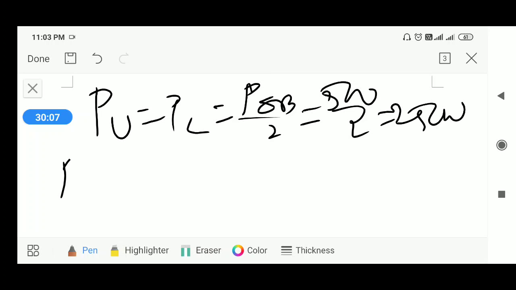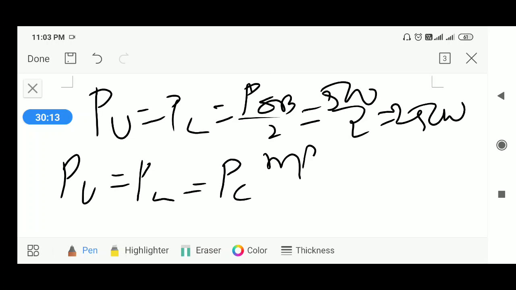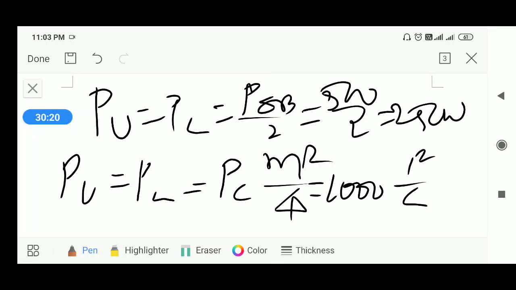Or power in upper sideband is equal to power in lower sideband, the direct formula is Pc into m square by 4, where Pc equals 1000, 1 square by 4, which gives 250 watts. So both will give the same answer.